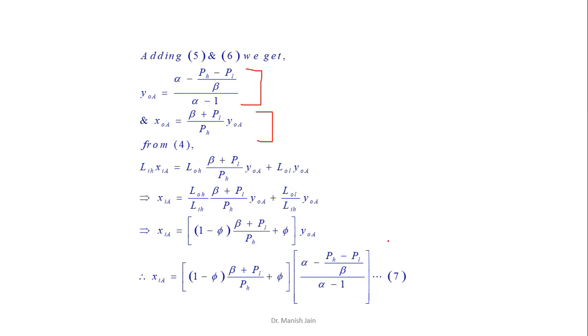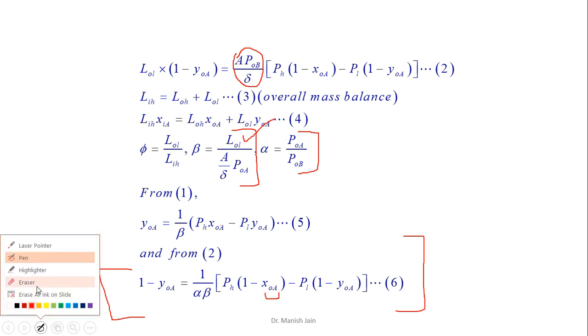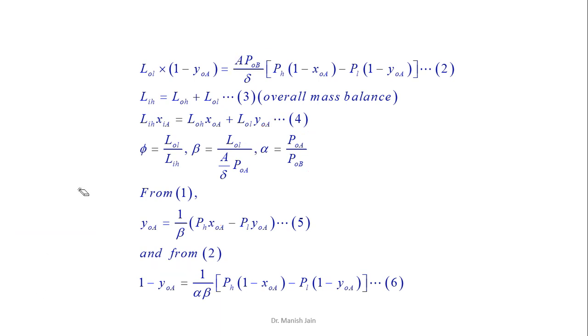Now from equation 4, so what was equation 4? Equation 4 is in terms of XOA and YOA: LIH XIA equals LOH multiplied by XOA plus LOL multiplied by YOA.